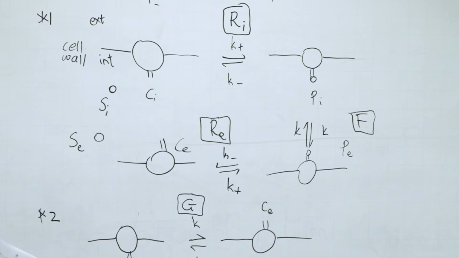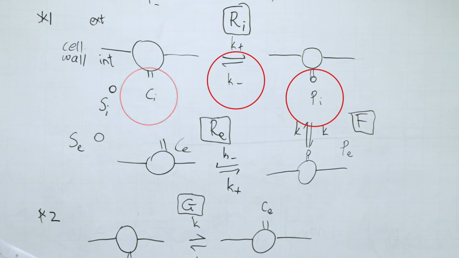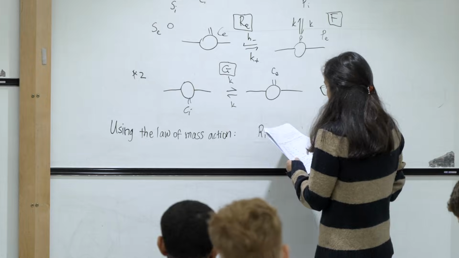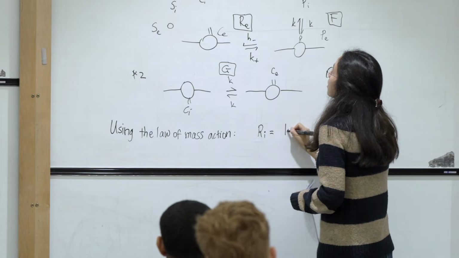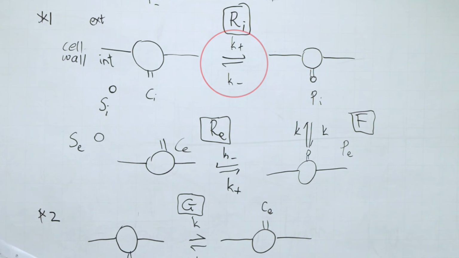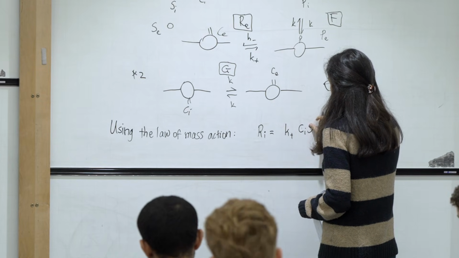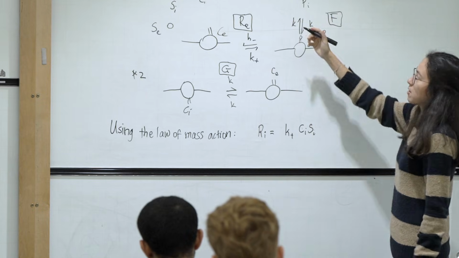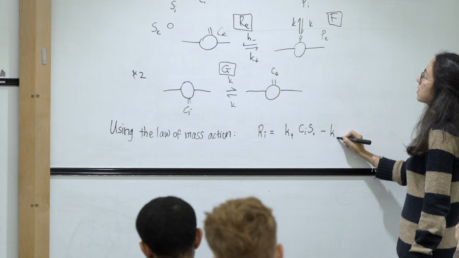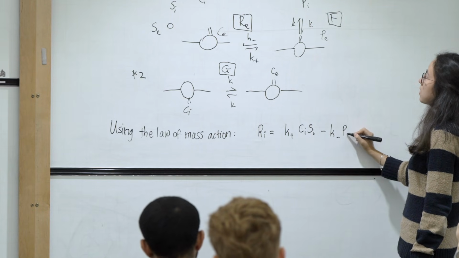So notice that I have the SI reacting with the CI under this rate, but during this process, you also have the reversible reaction of the PI being broken down into those things. So this means that I can write basically for this K plus. K plus is this reaction, so we said it's the product of the two concentrations. So I'm gonna write CI SI here. And then since the other one is in the opposite direction, I'm gonna have K minus and then PI, right?